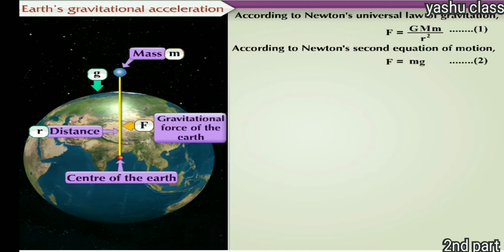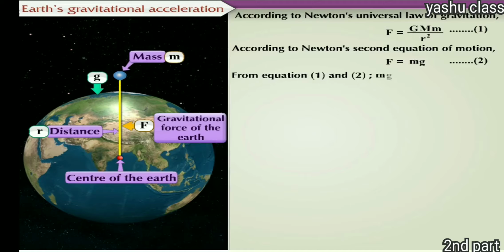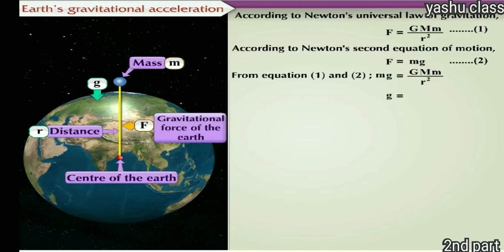This is equation 2. From equations 1 and 2, small m into small g is equal to capital G into capital M into small m upon small r square. Therefore, small g is equal to capital G into capital M upon small r square. This is equation 3.